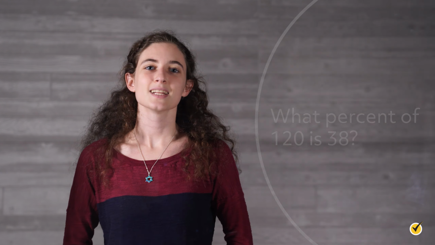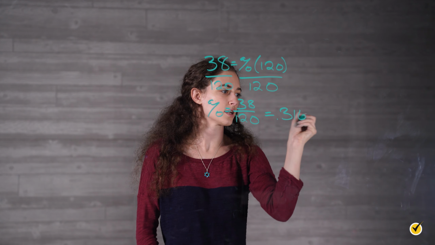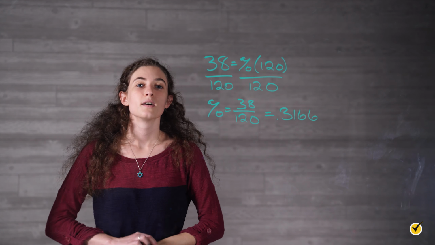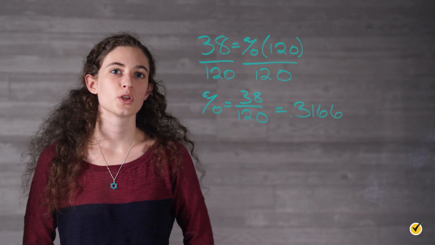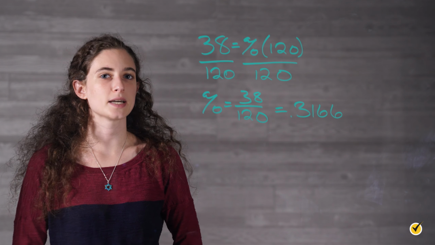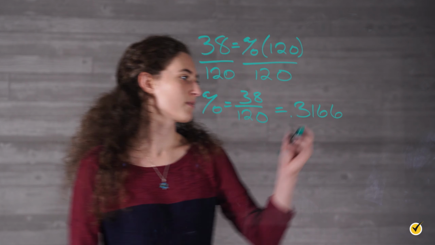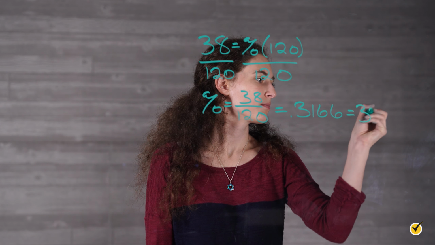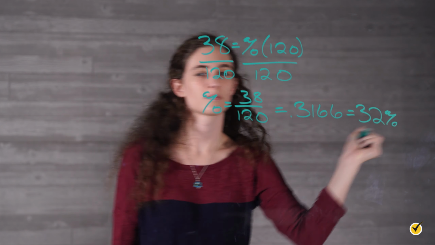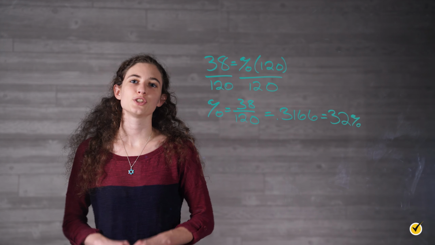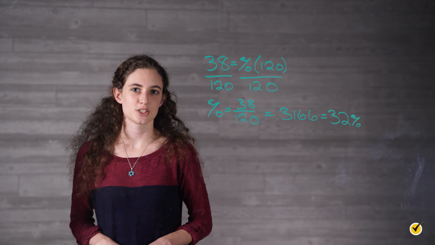When we turn this into a decimal, we get that our percentage is equal to 0.3166. If we round to the nearest tenth, they were only at 32% of capacity at the busiest time of the day. 38 customers equals 32% of the total capacity of the restaurant.